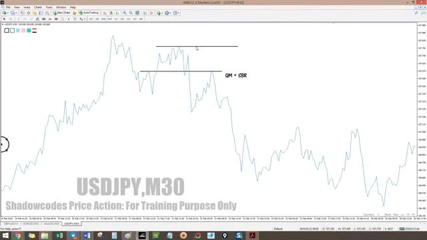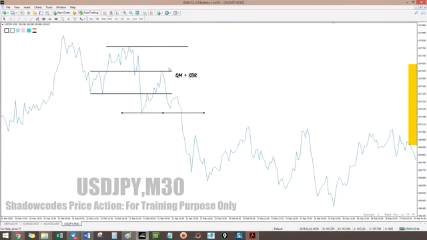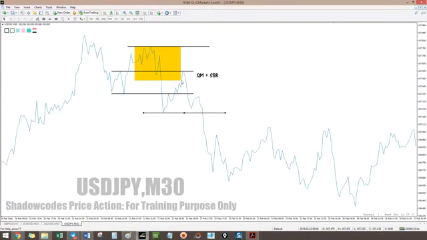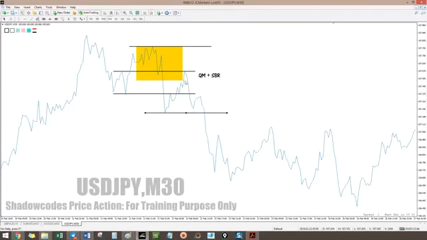You can take your SL here, take profit 1, take profit 2, and you can take profit using market phase.